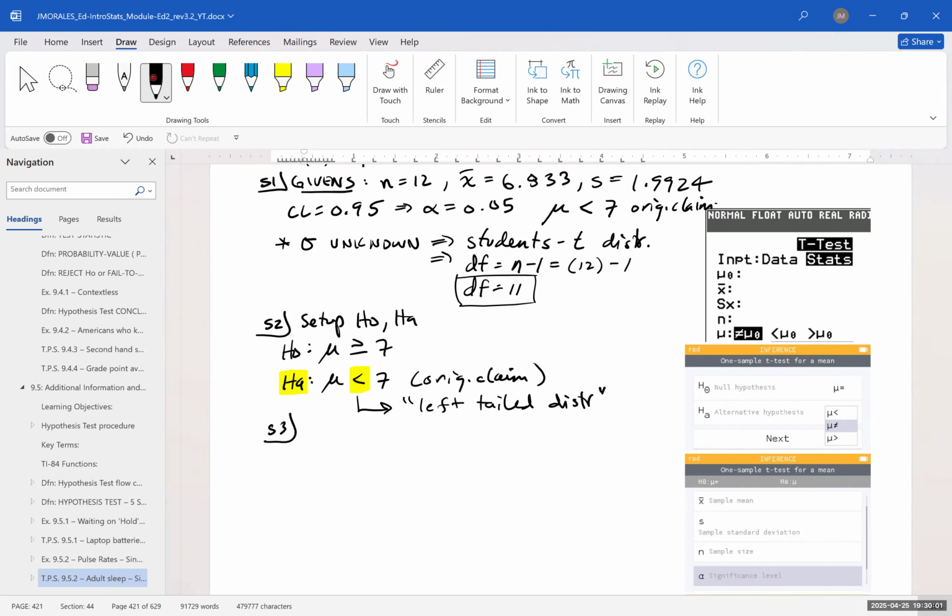Step 3 is to calculate our test statistic, which will be a t-test statistic because we're dealing with a student's t distribution, and a p-value. Again, if we were going to manually calculate this, we would use this formula.